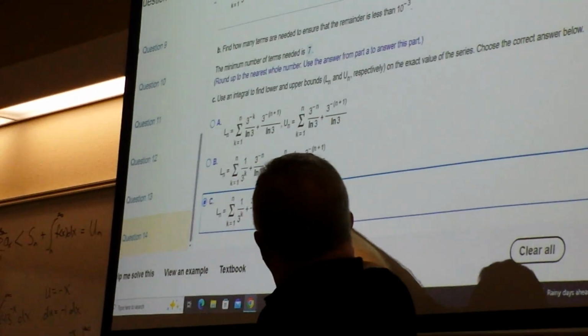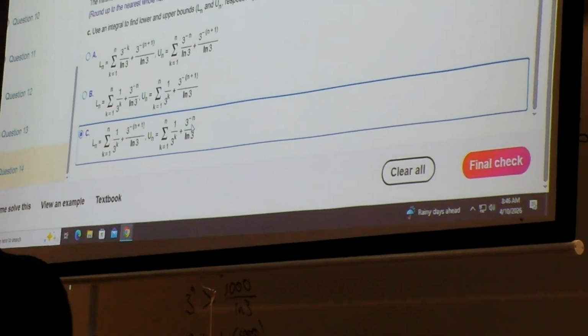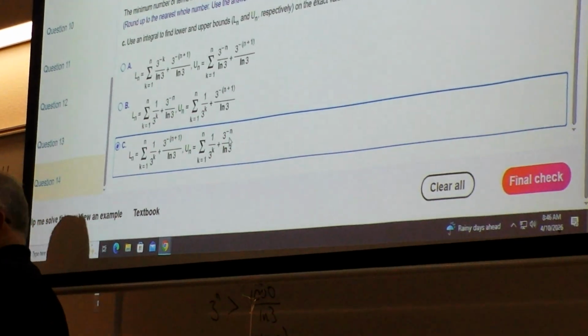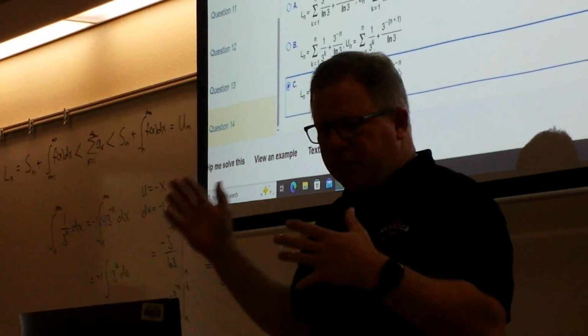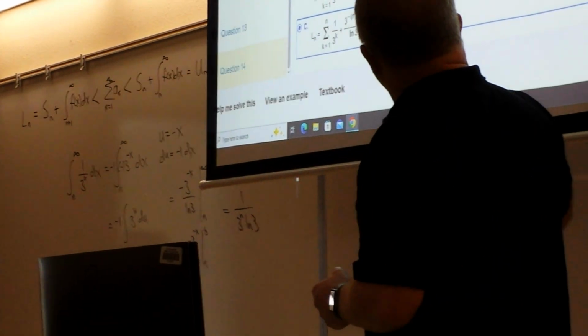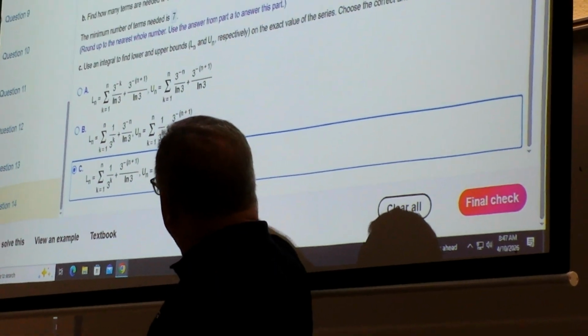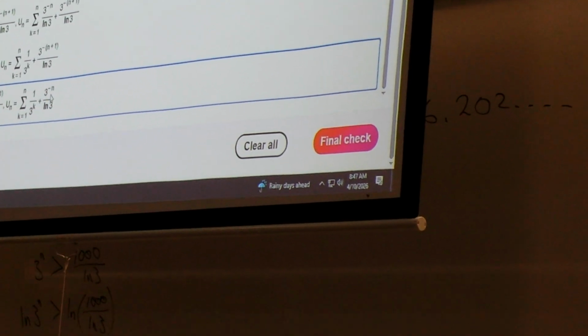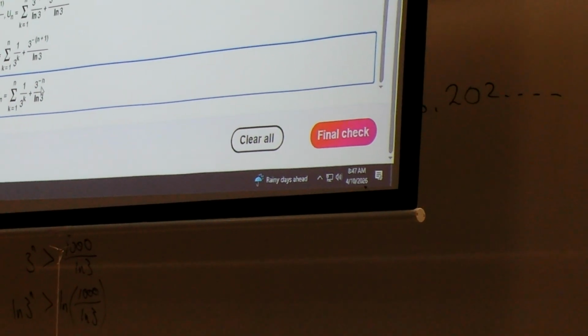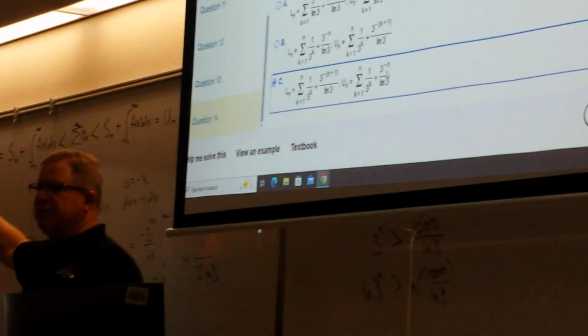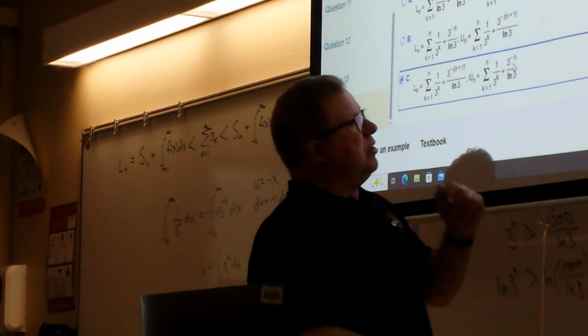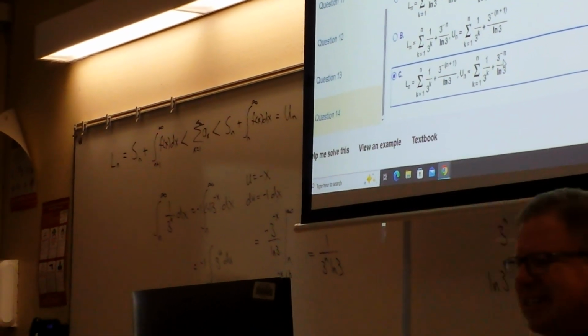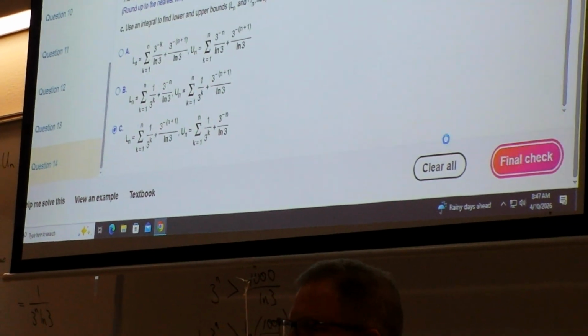If you put that down below, make it 3 to the positive n, then that matches this. And then for the lower bound, instead of n, we need n plus 1, which is what they have here. They give it to us, because the lower one is n plus 1. Does that make sense? So I believe it's going to be C.